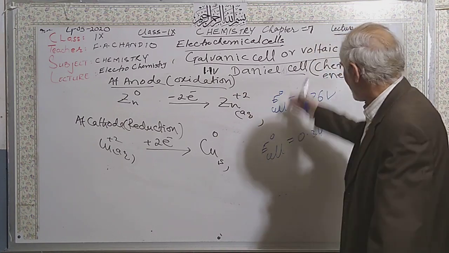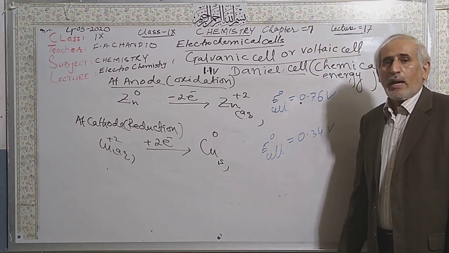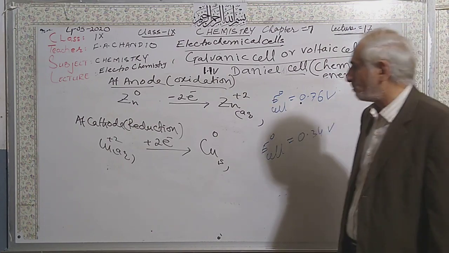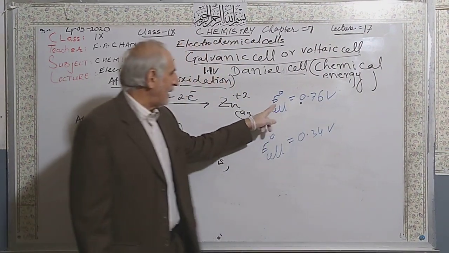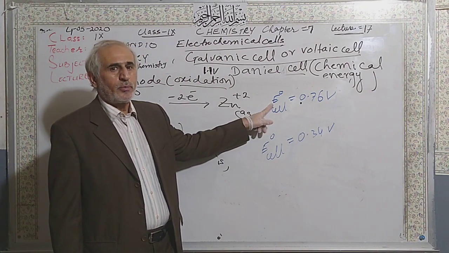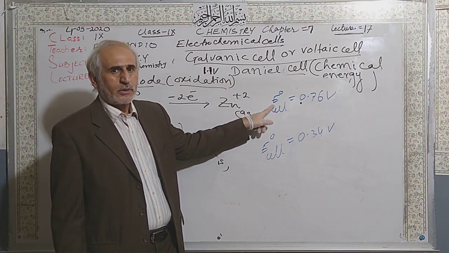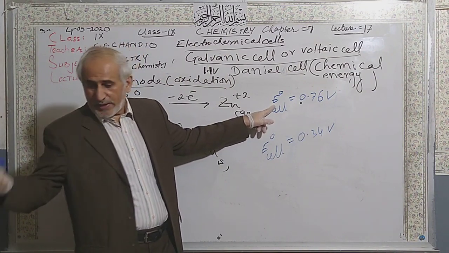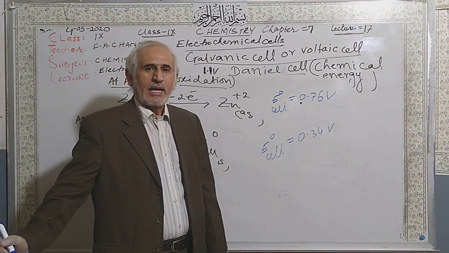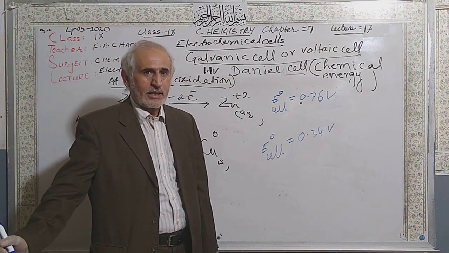So this is not in your syllabus, I just write this one. And this cell, E for electrode potential. In the higher classes you will learn about the EMF, electromotive force, EMF.